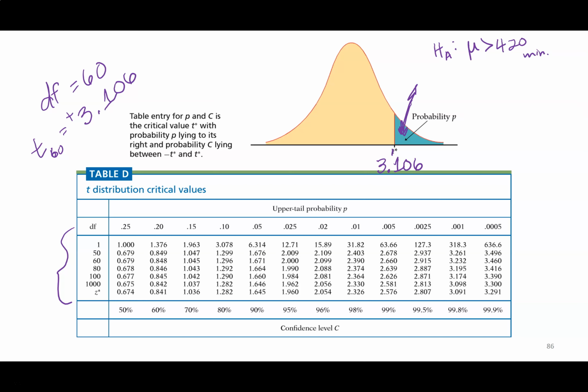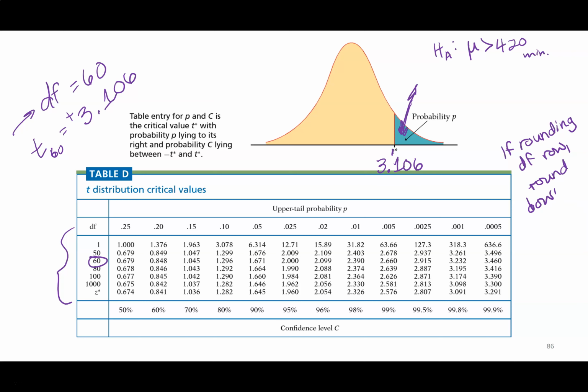So what this comes down to is, first I need to find the row I want. Degrees of freedom 60. Conveniently, I have 60 here. Note, if not all the rows are there, like if I had degrees of freedom 62, there's not a row for 62. We round down. So for your degrees of freedom row, round down.